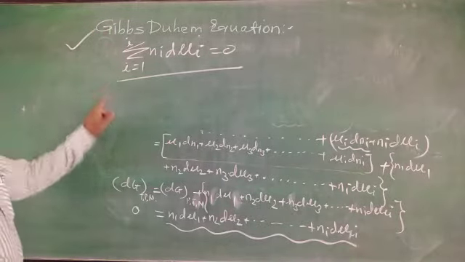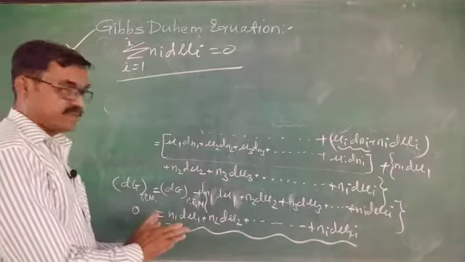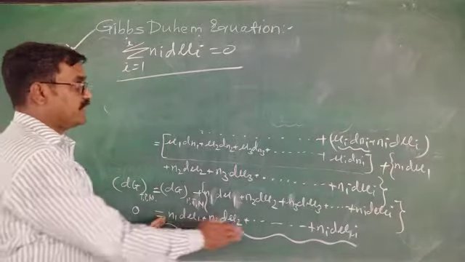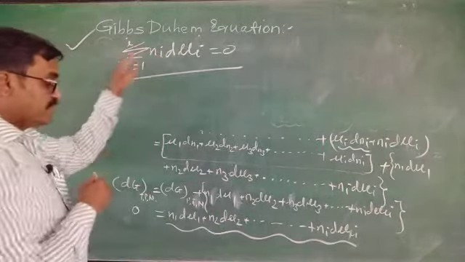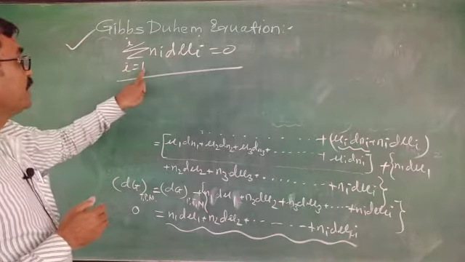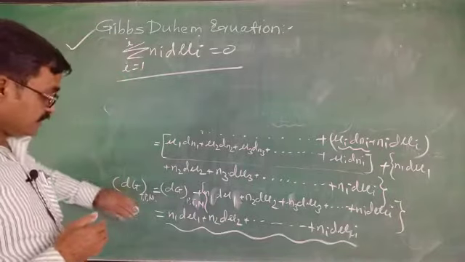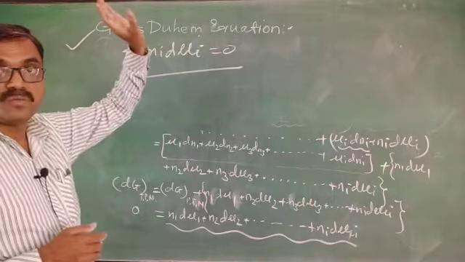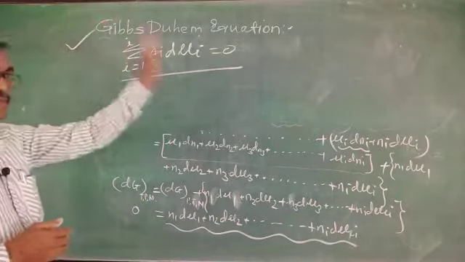After this we must know the mathematics. This equation can be written in this way: summation of ni d mu i, i equals 1 to I, equal to 0. This is the Gibbs-Duhem equation.